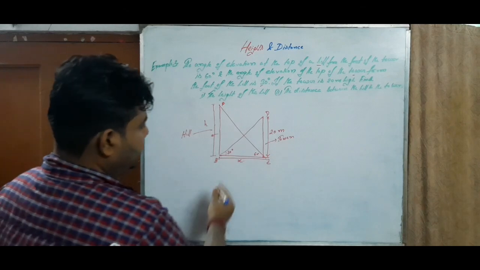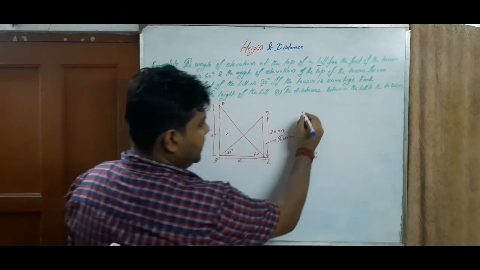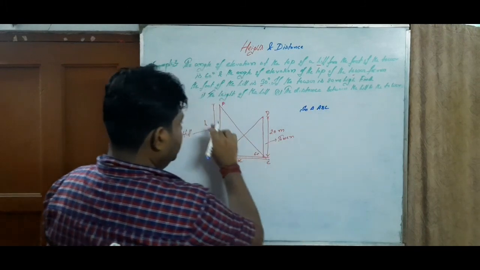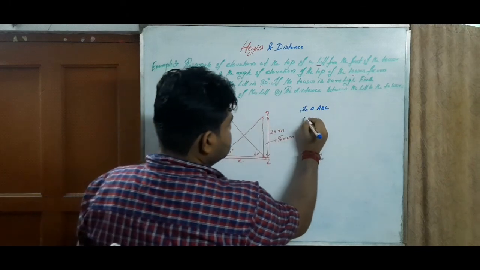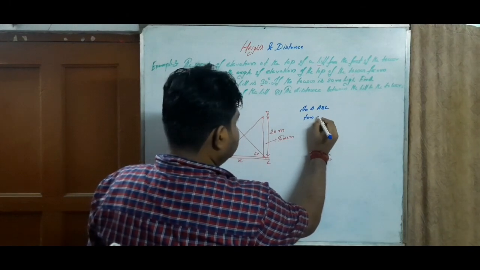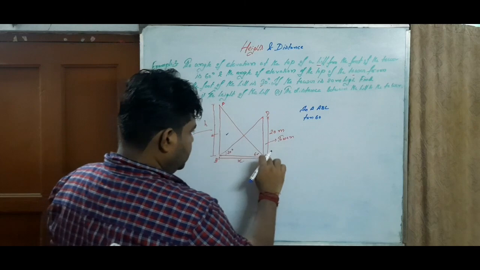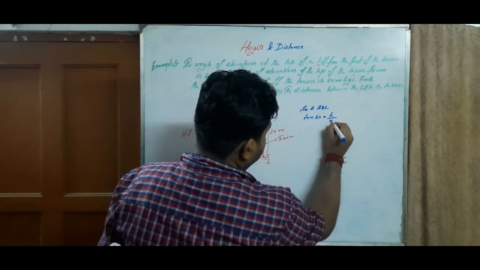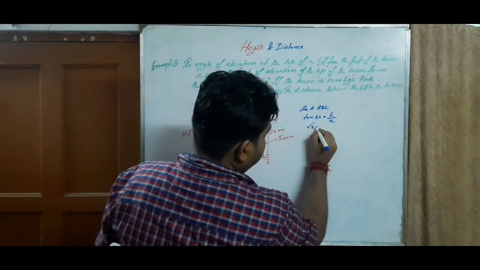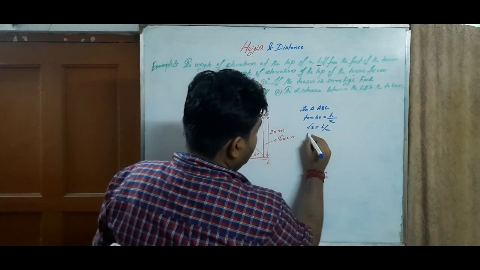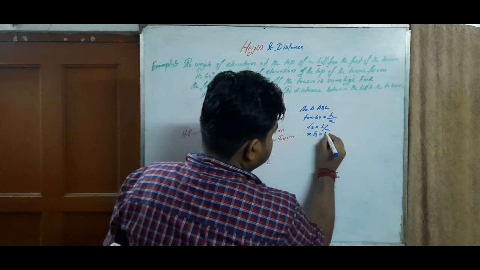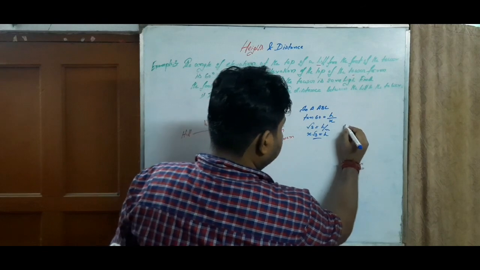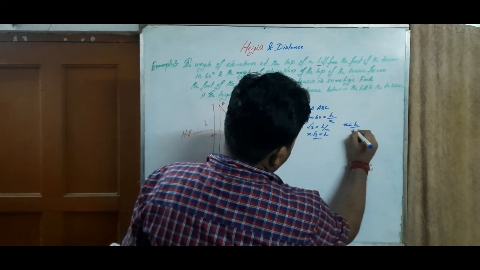In the first triangle, that is in triangle ABC, again height and base, that is tan theta. So tan 60 equals h by x, or root 3 equals h by x, or x root 3 equals h, or we can write x equals h by root 3.